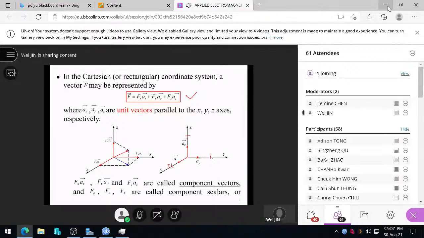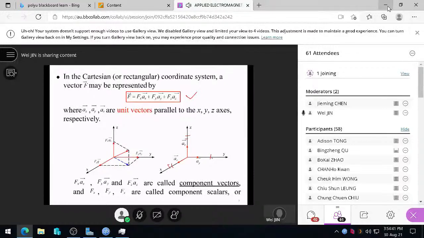They are the 3 components along ax, ay, and az. So this is also called the vector component, fx ax. Okay, fx ax, fy ay, fz az are 3 vector components. The scalar component is sometimes also just called the component.